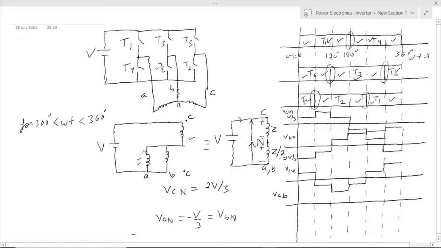So VAN minus VBN, if you just see, then you have to reverse the VBN and just add to VAN. So let me just write it down. We will not be needing these circuits now.